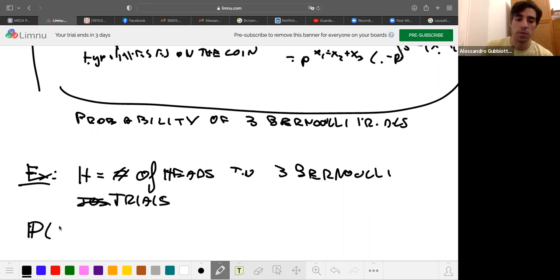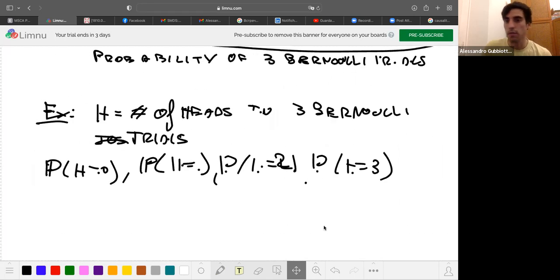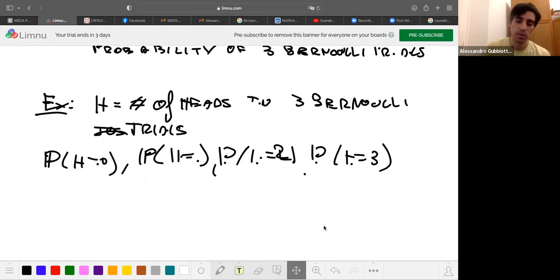Compute the probability of H being equal to 0, the probability of H being equal to 1, the probability of H being equal to 2, and the probability of H being equal to 3. Compute these probabilities. We have 10 minutes to do this.